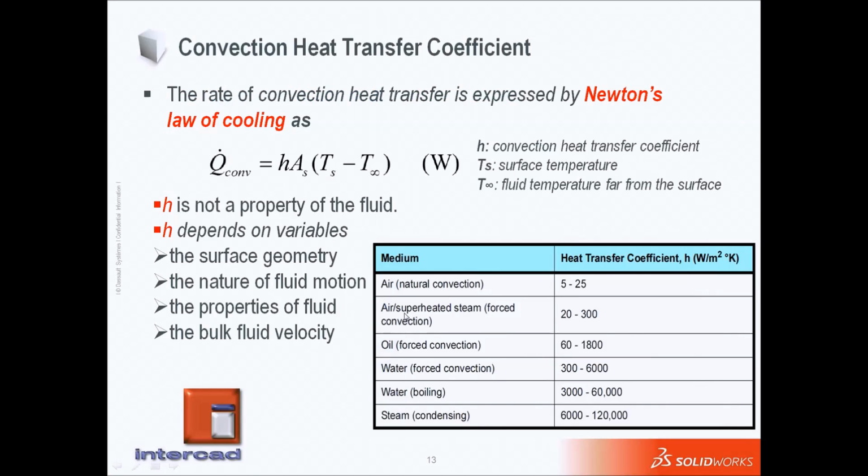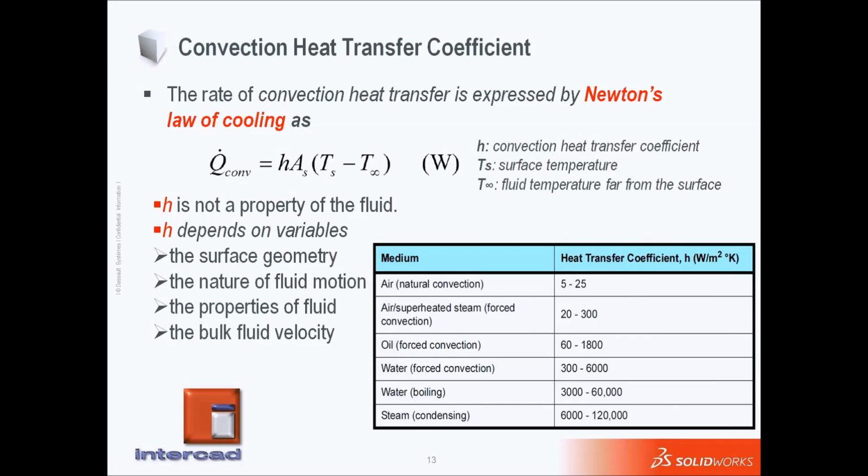How do we formulate this? It is the very well-known equation of Newton's law of cooling, which states that Q dot convection equals a constant called H, the convection heat transfer coefficient or film coefficient, multiplied by the cross-sectional area normal to the heat transfer direction, and the difference between surface temperature and fluid temperature.